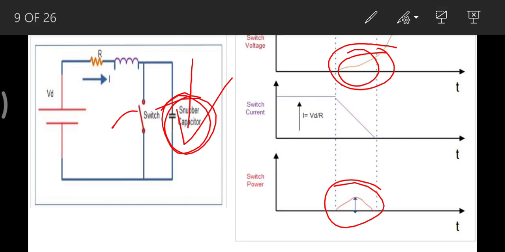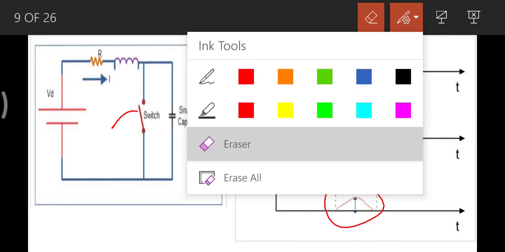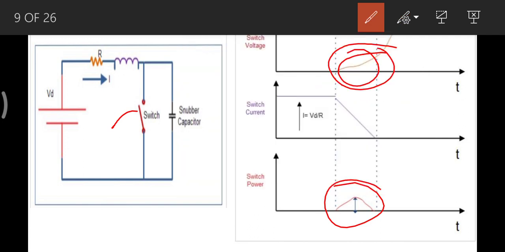See here, what is the basic working of this snubber circuit? At the time of starting, the switch is in open condition. When the switch is open, the current flows through this capacitor. At this situation, initially the capacitor is uncharged, so now the capacitor is charged, and slowly the voltage across the capacitor is going to increase.